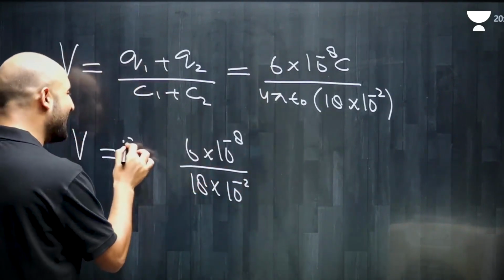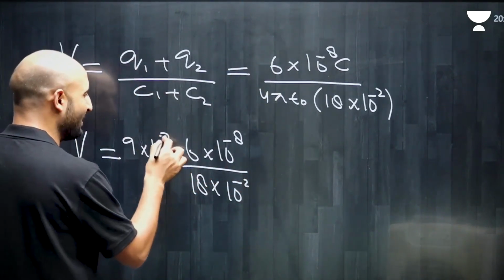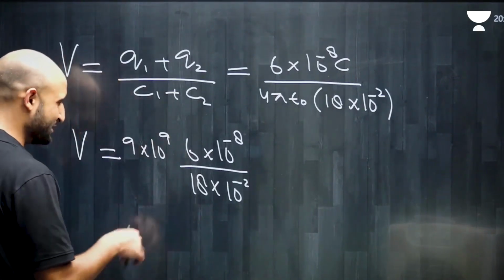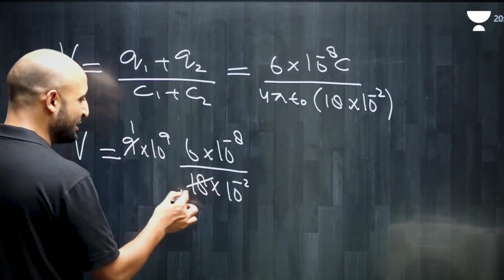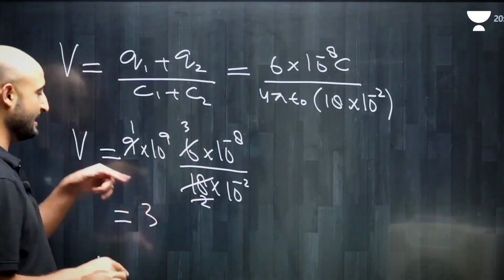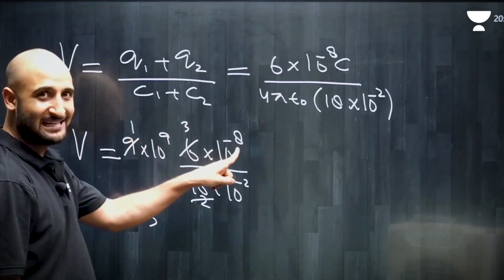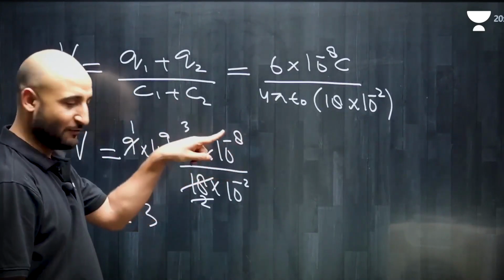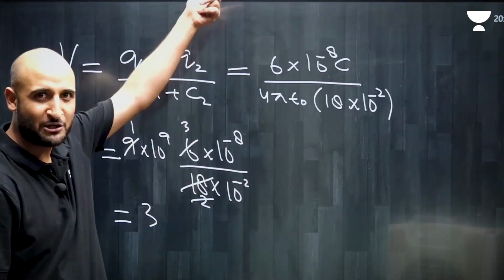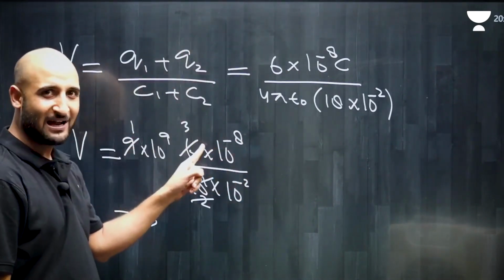You all know that it's 9 into 10 to the power 9, right? Now check. 9 1s are 9, 9 2s are 18, 2 1s, 2 3s. All I get here is 3. Then 10 power 9, 10 power minus 8, it's 10 power 1. 10 power minus 2 is in the denominator, so it will go up as 10 power 2. 10 power 2, 10 power 1, that's 10 power 3.